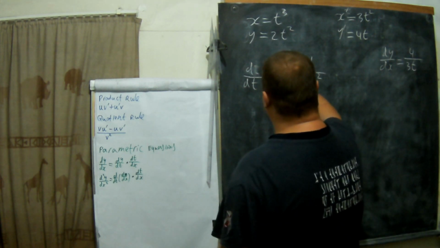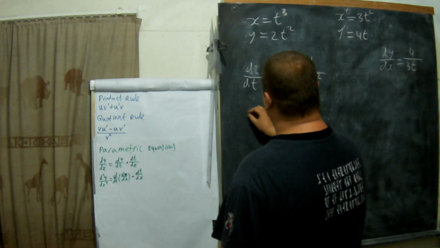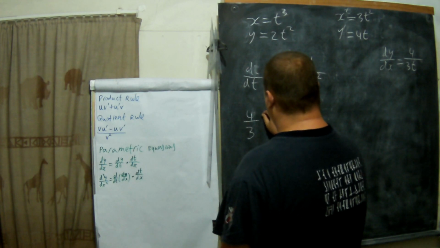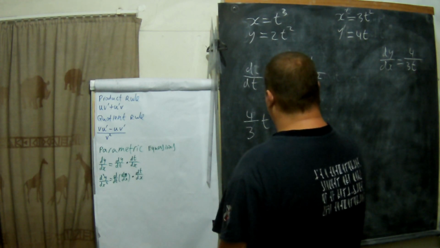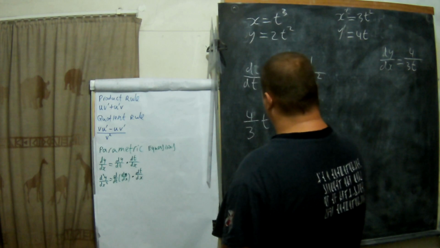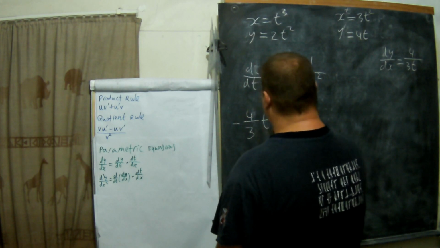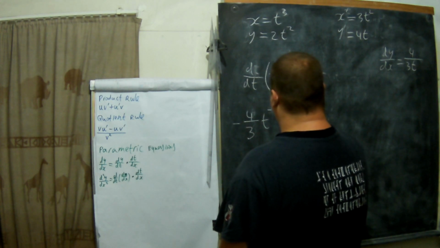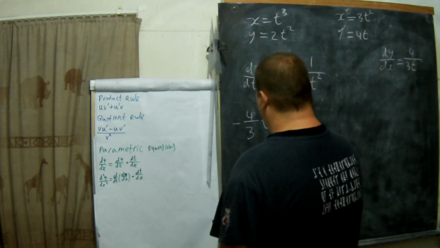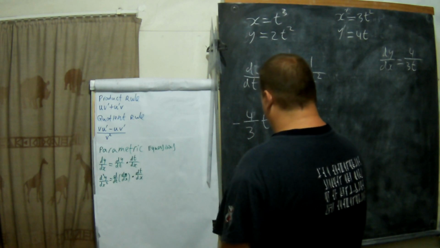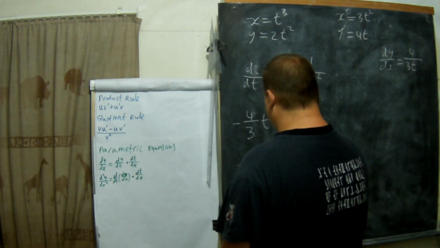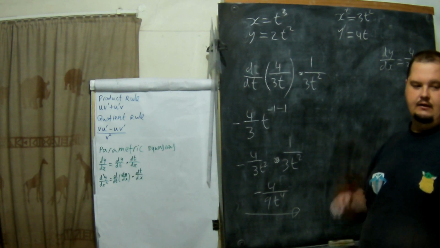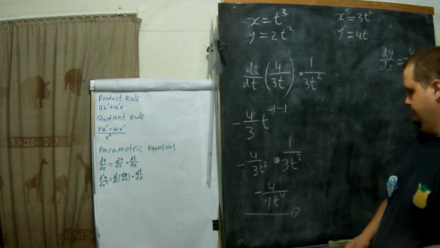Let's take the derivative of this. So this will be 4 over 3 t to the minus 1. So this comes down to minus 1, minus 1. So this is minus 4 over 3 t squared. And that is our final answer.